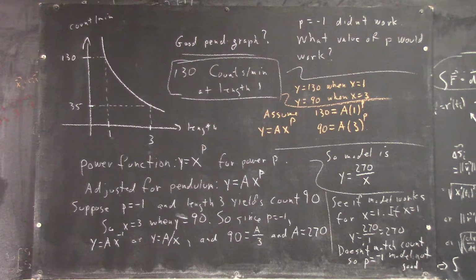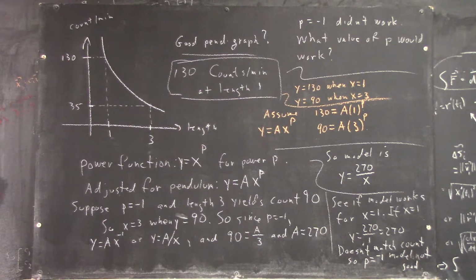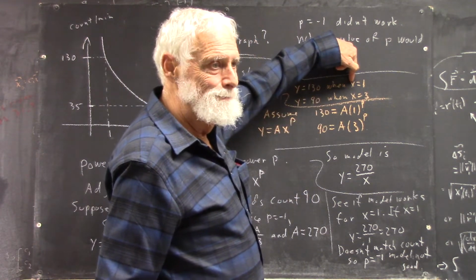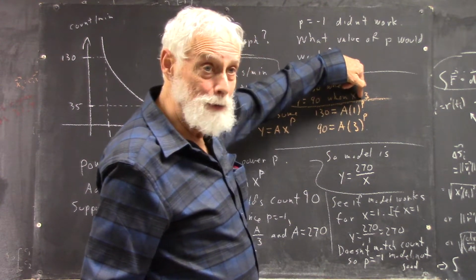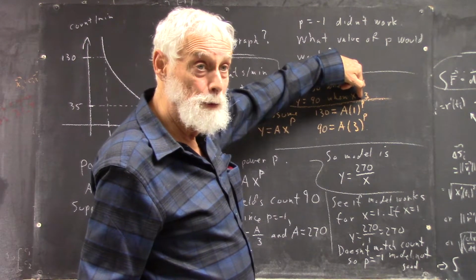Okay? Now, can you tell me what a has to be? Actually, the first equation tells you. Can you solve that first equation for a? It's 130. Because coincidentally, and this doesn't always happen, x equals 1, so any number, 1 to any number is 1, right? Any power of 1 is equal to 1.